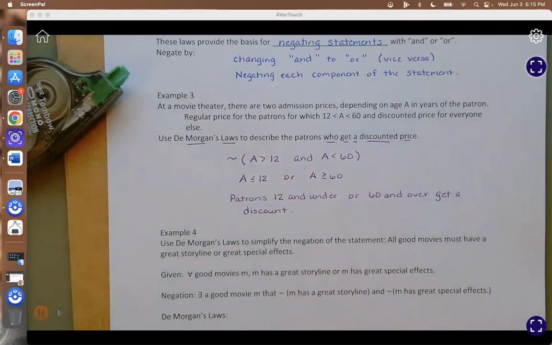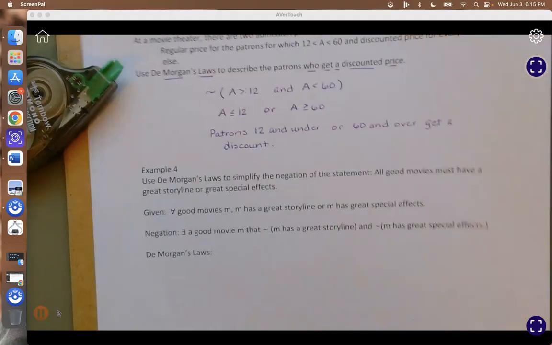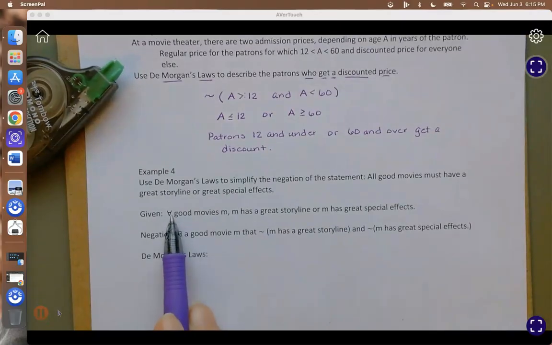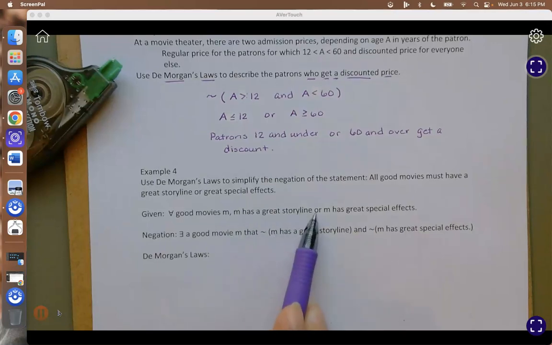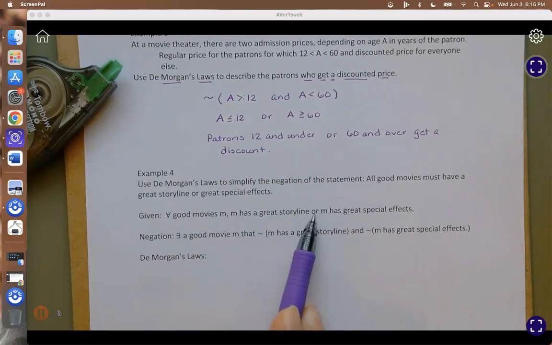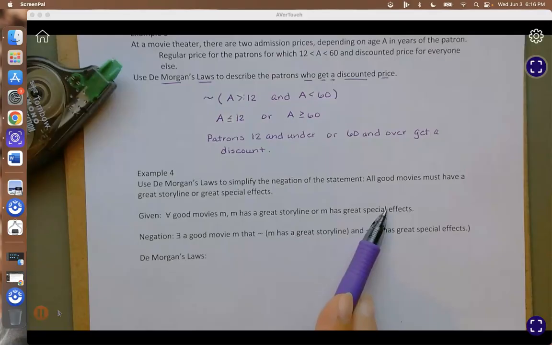All right. Next, use De Morgan's Law to simplify the negation of the statement. All good movies must have a great storyline or great special effects. Okay? So, the given is for all good movies M, M has a great storyline or M has great special effects.